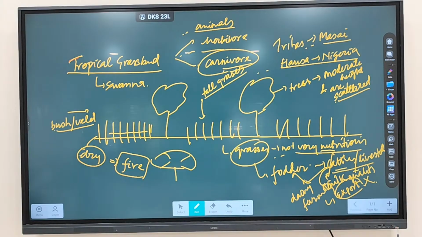They are practicing agriculture over here, but not bigger agriculture, subsistence agriculture. Clear?